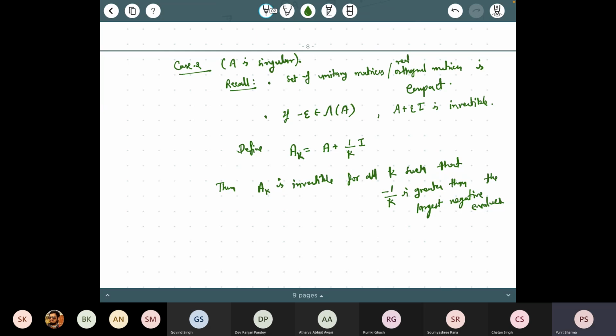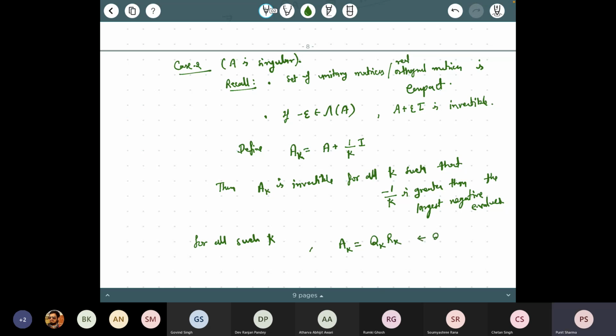Now for all such K, AK is invertible, and from case 1 we know that for all such AK we can find a QR decomposition. So for all such K we can write AK as QK RK.